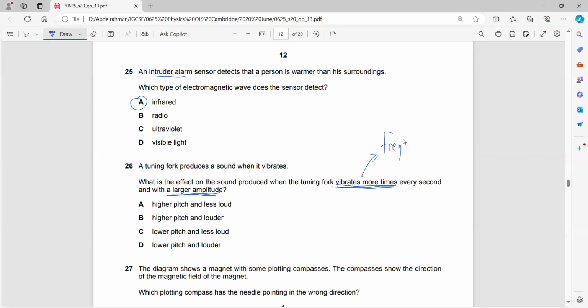That the frequency increases. So the pitch increases, yes, a higher pitch. And when the amplitude increases, what happens? It becomes louder. Yes, it does become louder.